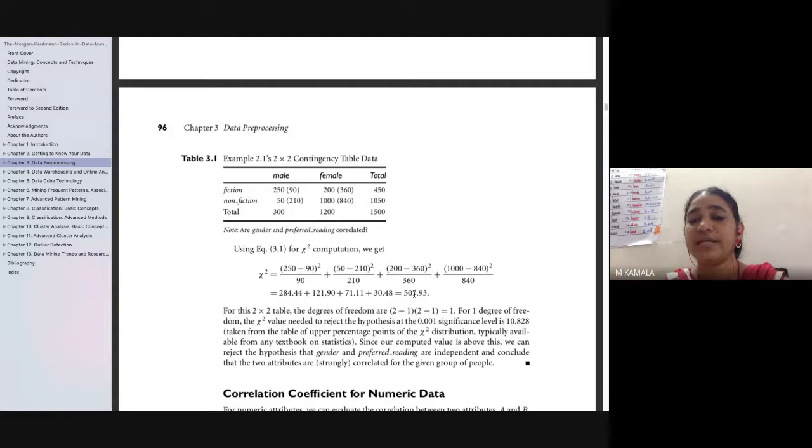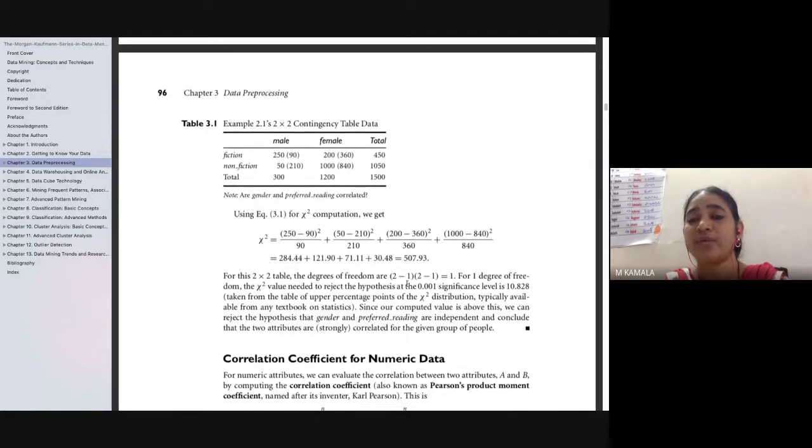Before we see the interpretation of this chi-square value, just see the degrees of freedom here. The number of values for the row is 2, so that is 2 minus 1. The number of values for the column is 2, that is 2 minus 1. Because this is 2D, I'm going for this. The degrees of freedom is the multiplication of these two parameters.